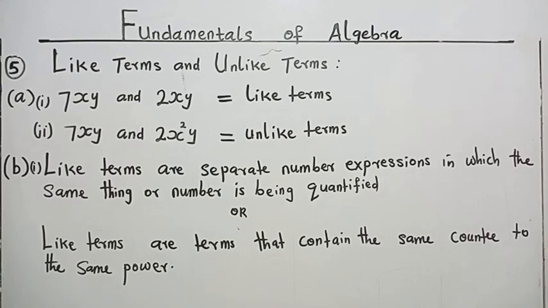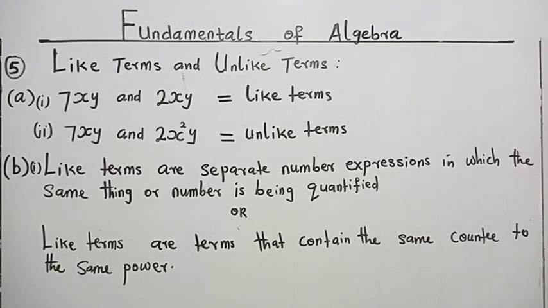This might be misleading. You see x here and you see x here, you see y here and you see y here, and that is a temptation. You might be tempted to think that the two of them are like terms since the same variables are there. In some quarters, like terms are defined as terms that contain the same variables.